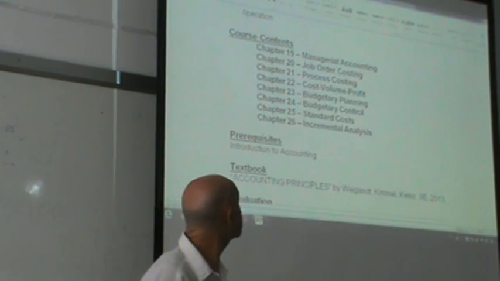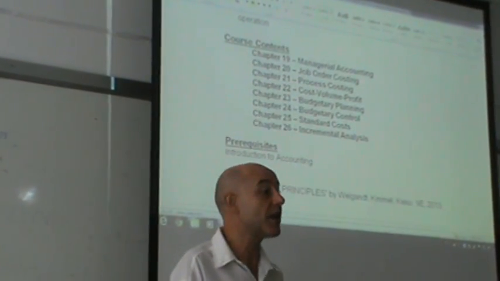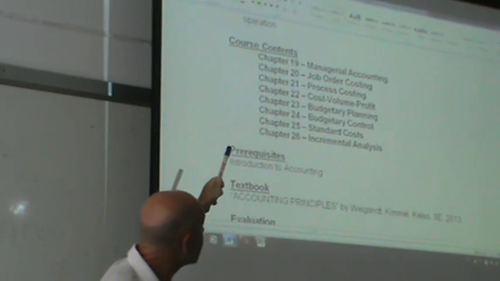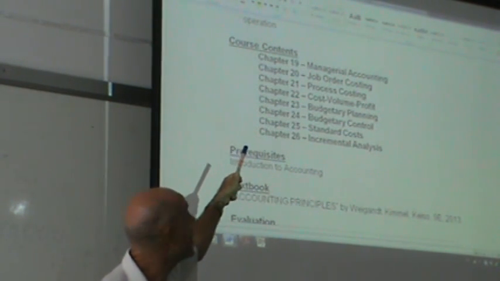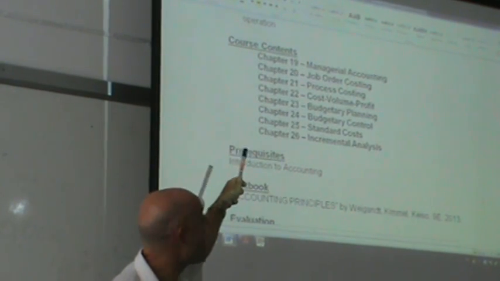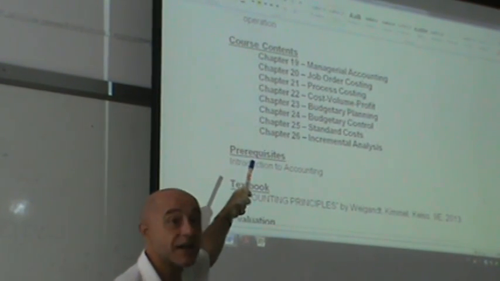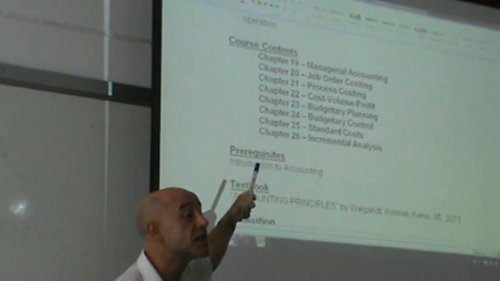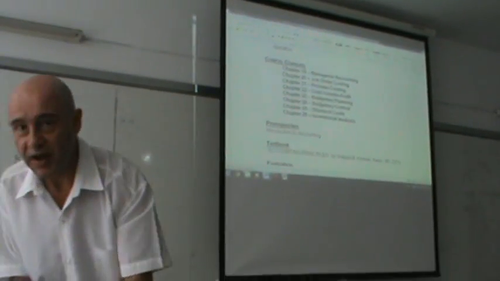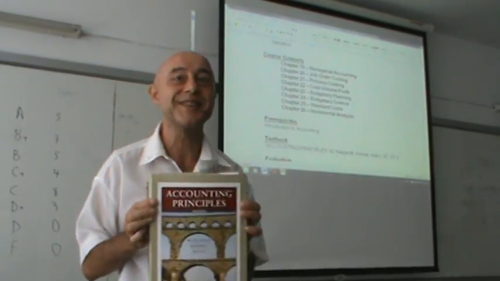Process Costing is chapter 21. Then we have midterm, okay? And after that, we're going to cover, as I explained, only half of chapter 24, half of chapter 25, and half of chapter 26.